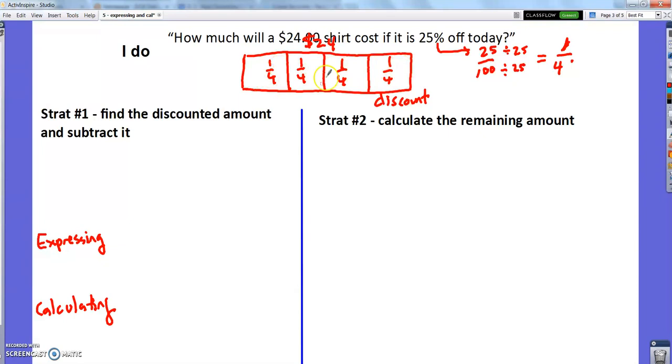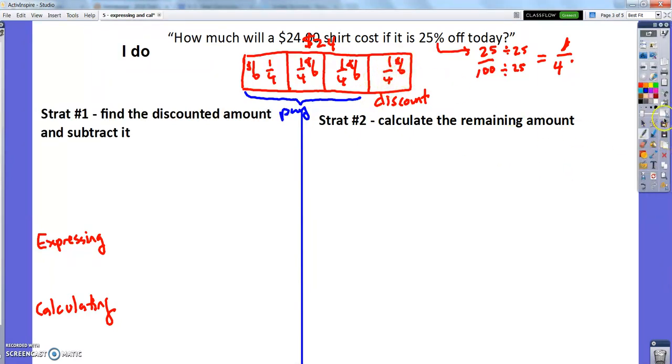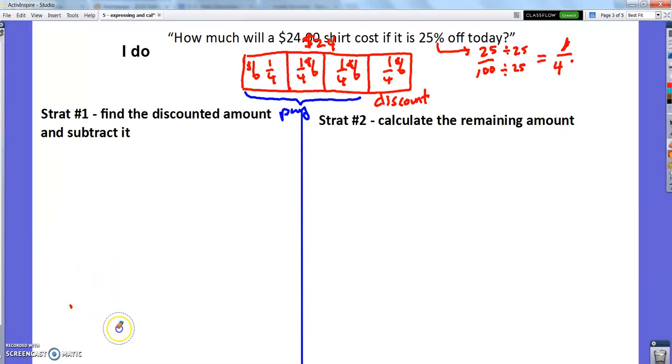If I divide it into 4 parts, each part's going to be $6. And so it's $6 off. This is the discounted price, and this is the part I'm paying right here. The other 3/4 is the amount I'm actually paying for the shirt. So I'm going to pay $18, and I'm going to be discounted $6.